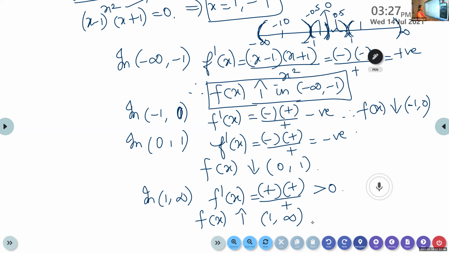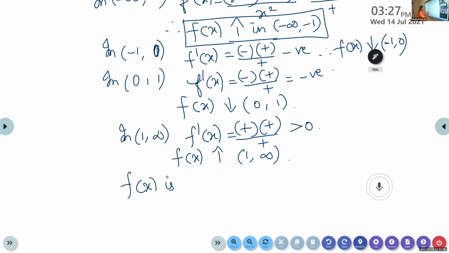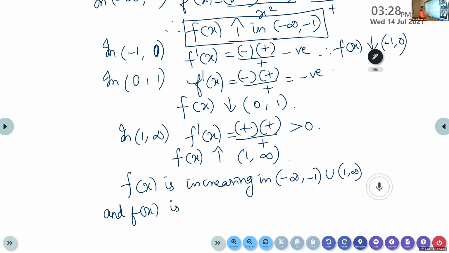So combining all the 4 cases, finally we can write: f of x is increasing in the intervals minus infinity to minus 1 union 1 to infinity, and f of x is decreasing in the interval minus 1 to 0 union 0 to 1.